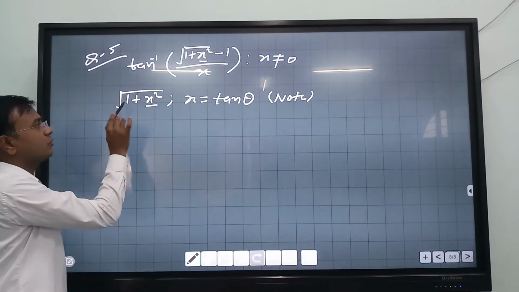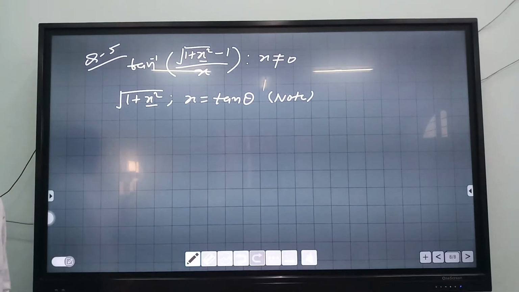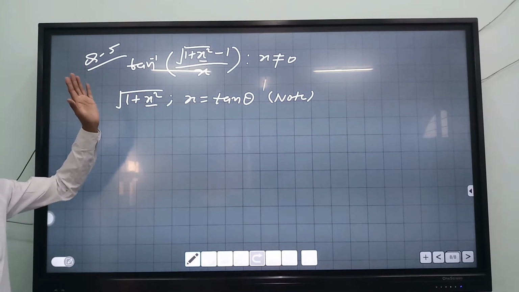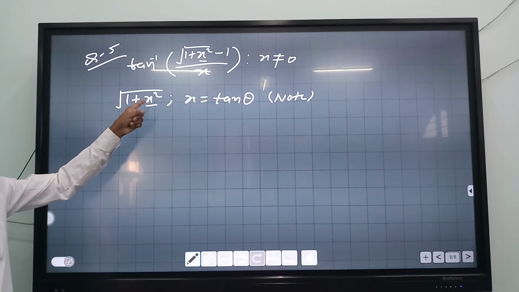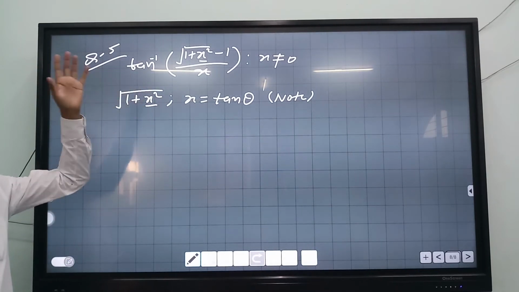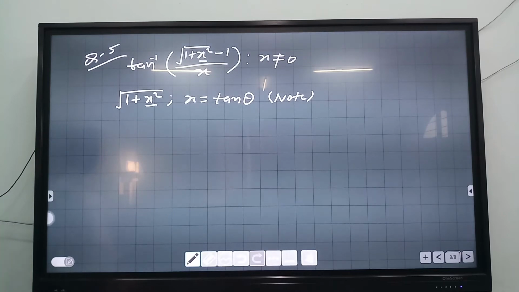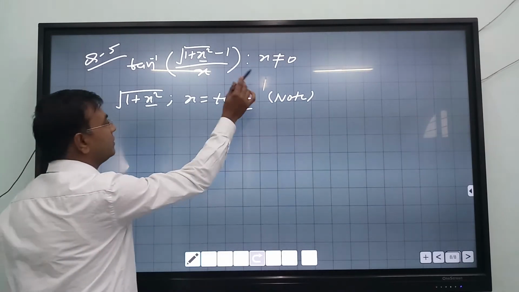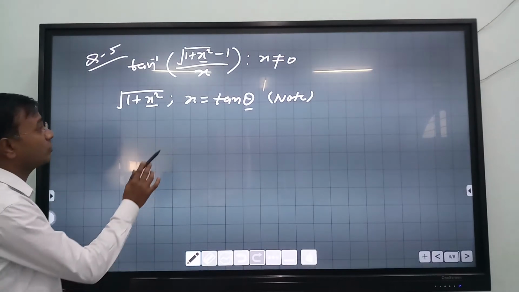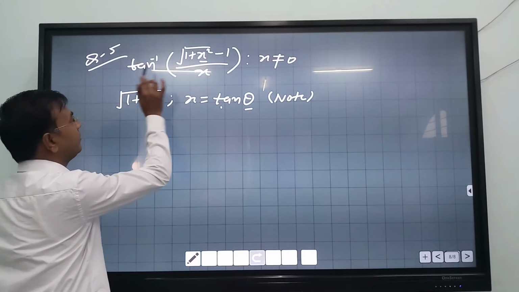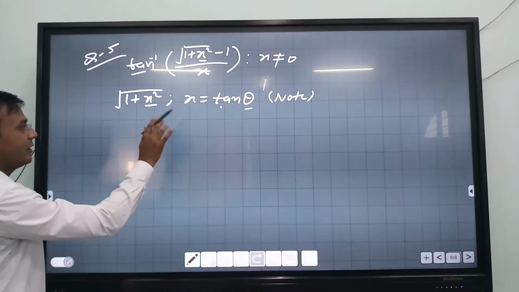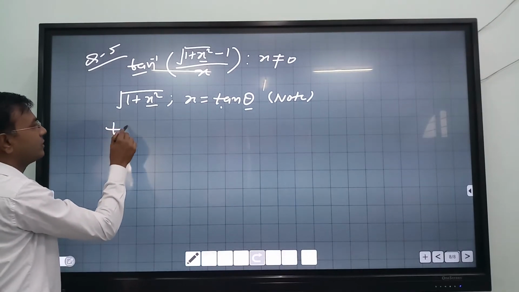Because 1 plus sin square theta is not an identity, and 1 plus cos square theta is also not an identity. 1 plus tan square theta is the identity, or 1 plus cot square theta is the identity. So we can put either tan or cot. We are putting tan because there is tan inverse. This is the turning point, the important point of the question.